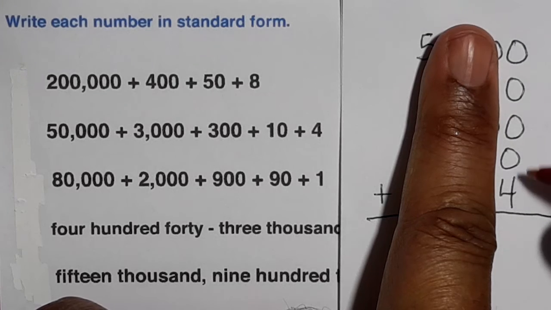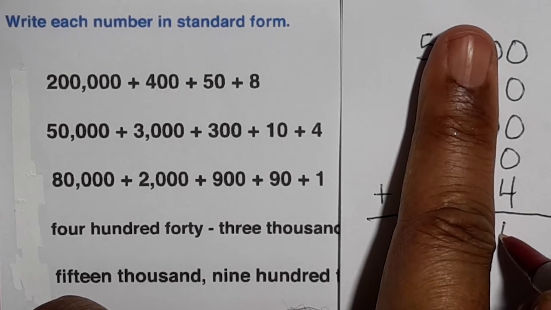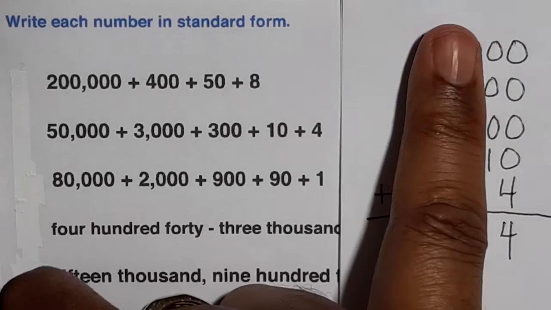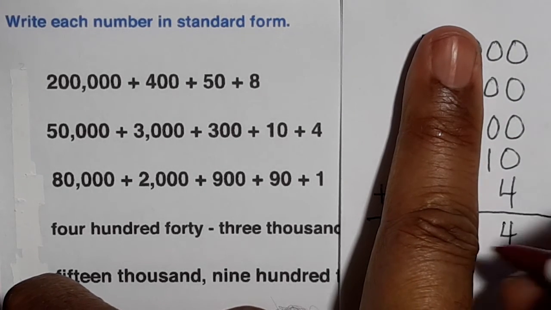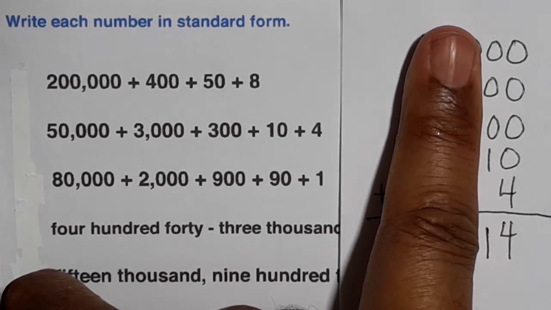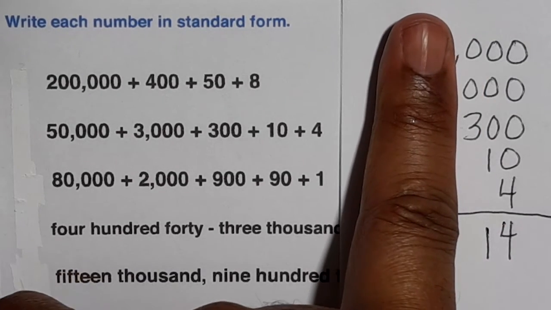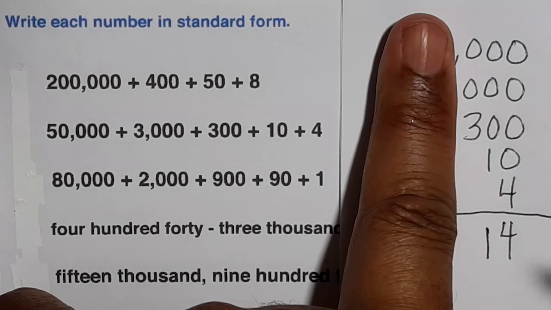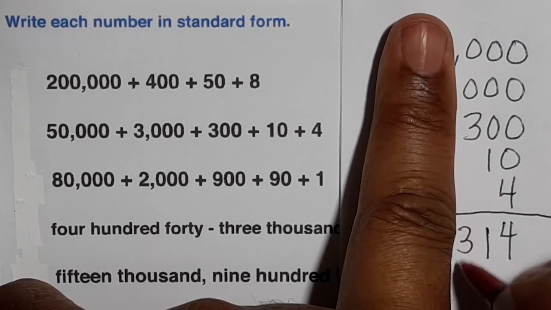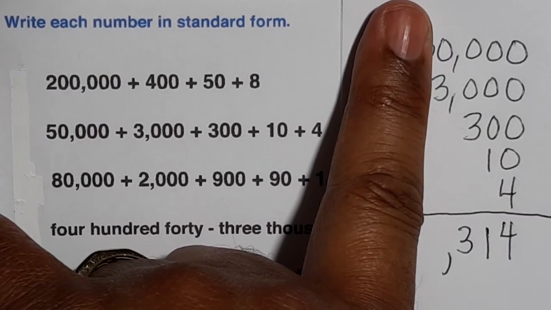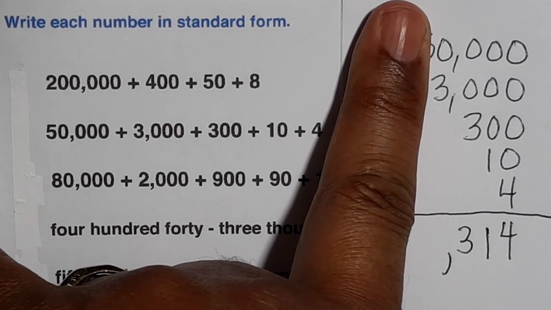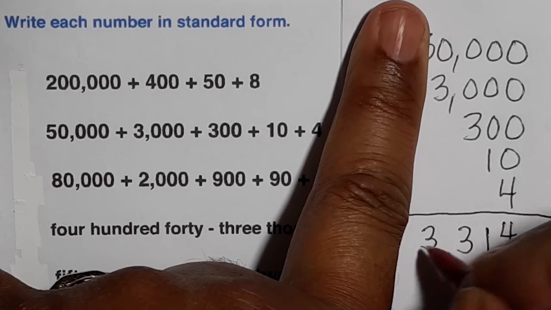0, 0, 0, 0 plus 4 gives us 4. Then in the tens position, we have 0, 0, 0, 1. So that's 1. In the hundreds place, we have 0, 0, 3. So we bring down the 3. We bring down the comma. In the thousands place, we have 0 and 3, which gives us a total of 3.